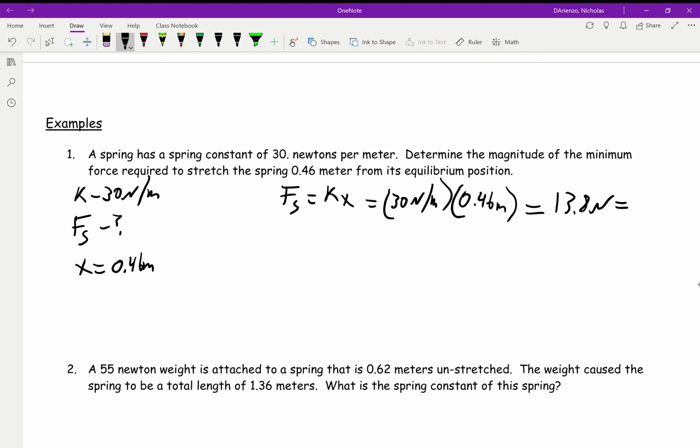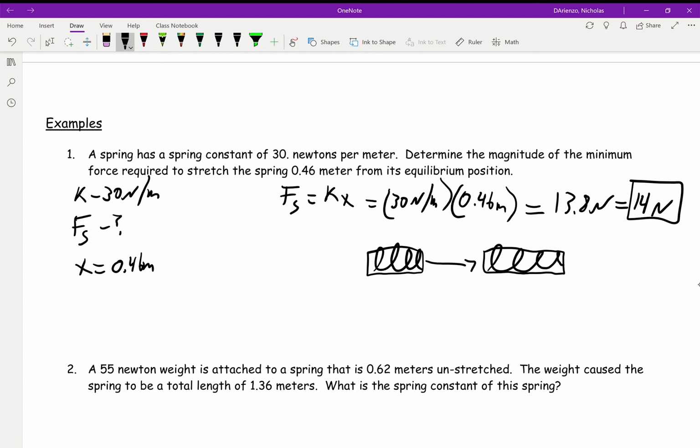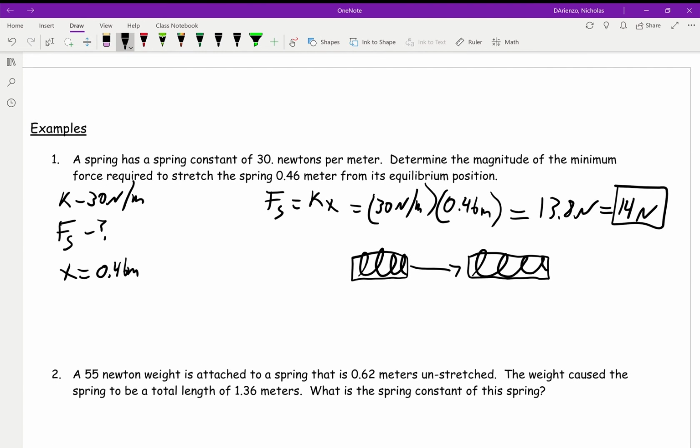We'll round that to 2 sig figs, which will be 14 newtons. So we stretched that spring out 0.46 meters, and that took a force of about 14 newtons.